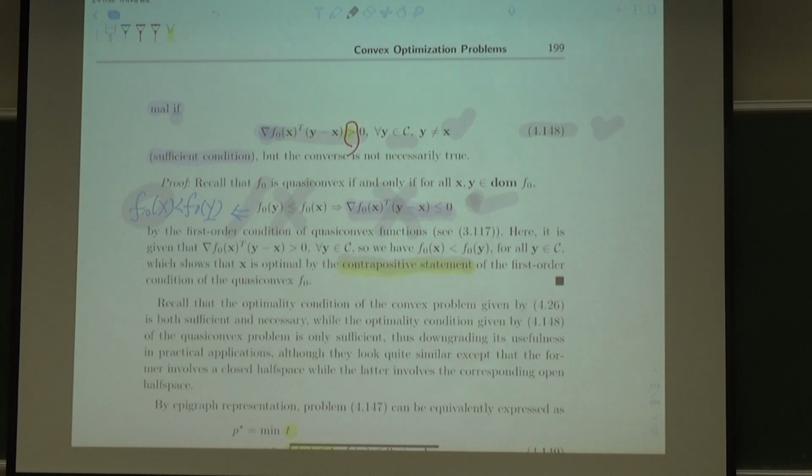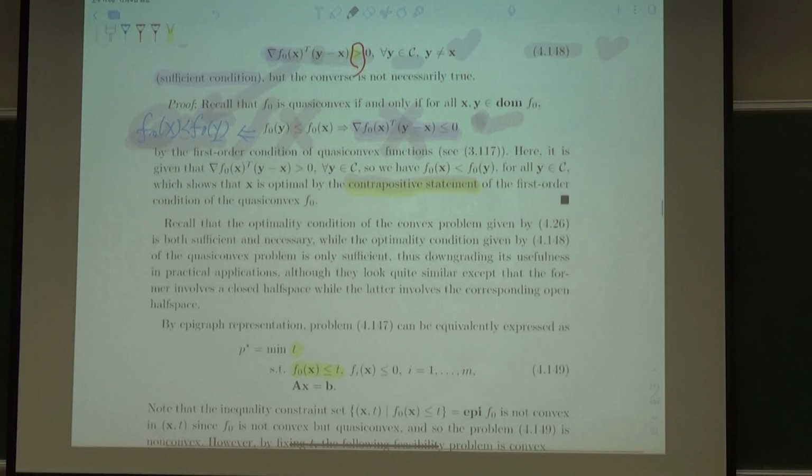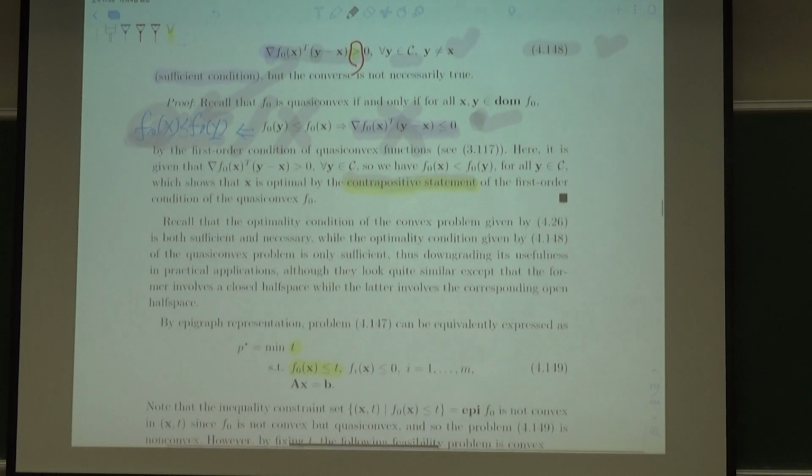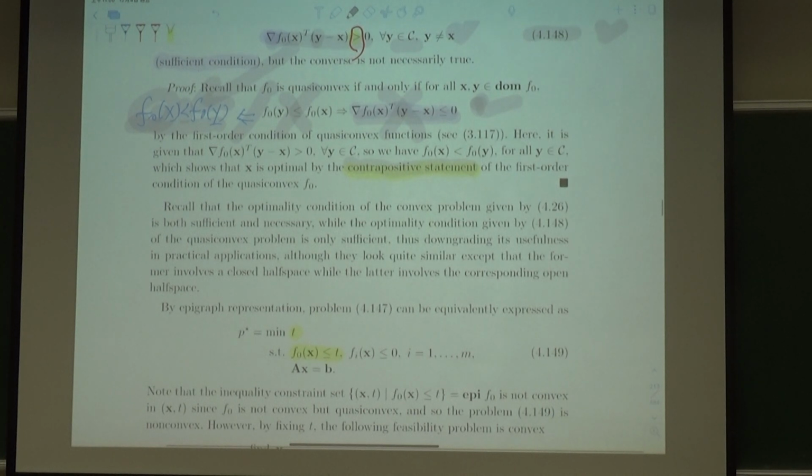So this is not true, this is true, then this is true, and this is not true. So the proof is only one line. One line. However, as I say, sufficient conditions are hard to use.